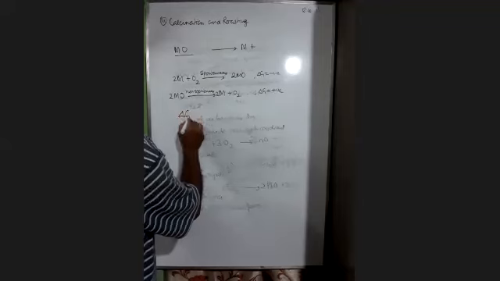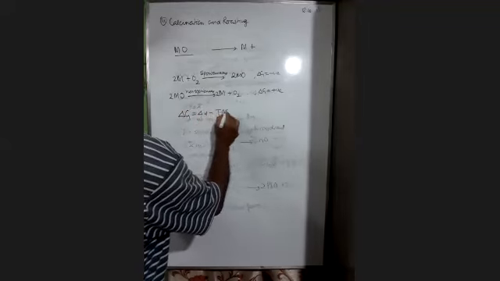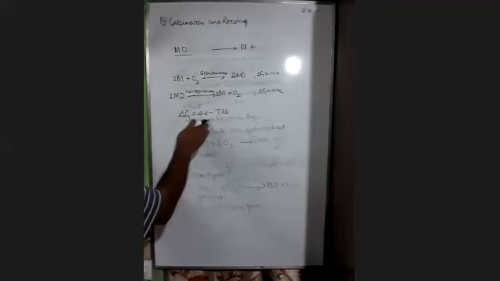See, we know delta G is equal to delta H minus T into delta S. So in this case, how can you make this delta G negative? Very interesting.